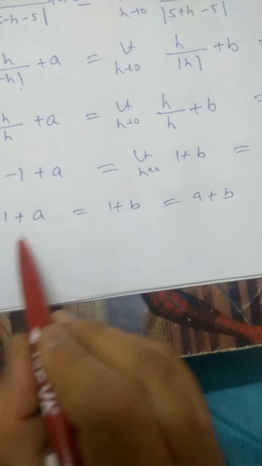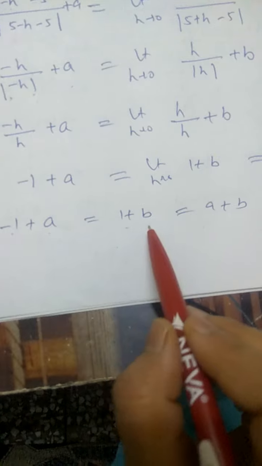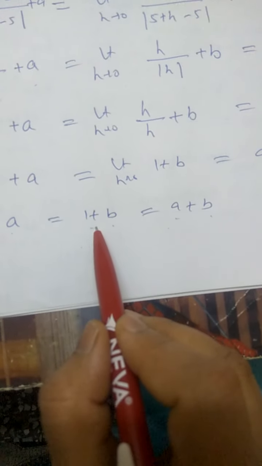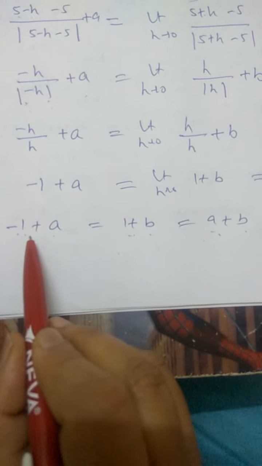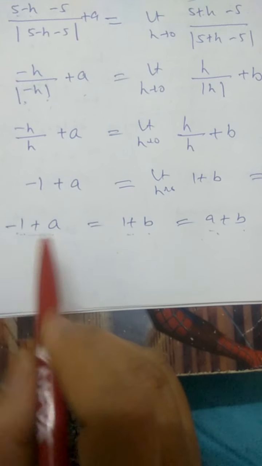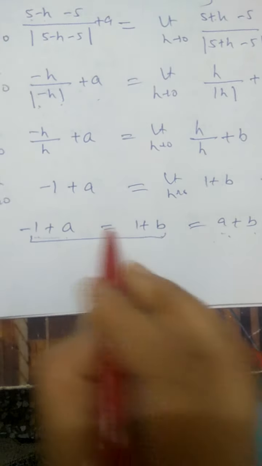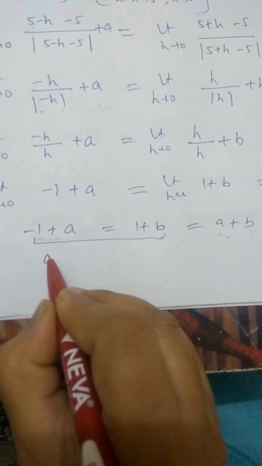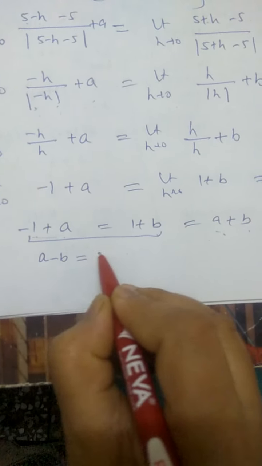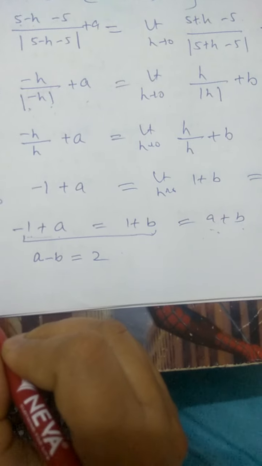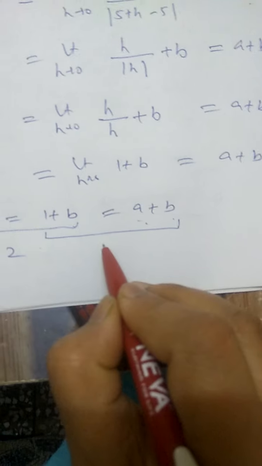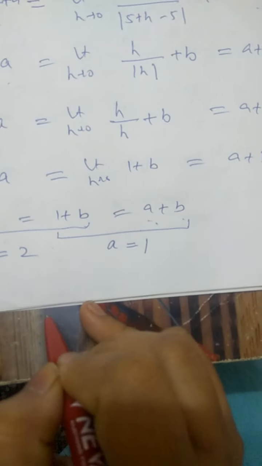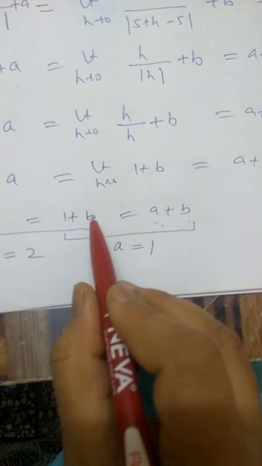And now we have three terms: minus 1 plus a, 1 plus b, and a plus b. This is the value of left hand limit, this is the value of right hand limit, and this is the value of constant term. Now you have to consider this term. If we consider this, you will get a minus b is equal to 2. And now from this second and third, you will get a is equal to 1, because in this b will be cancelled.